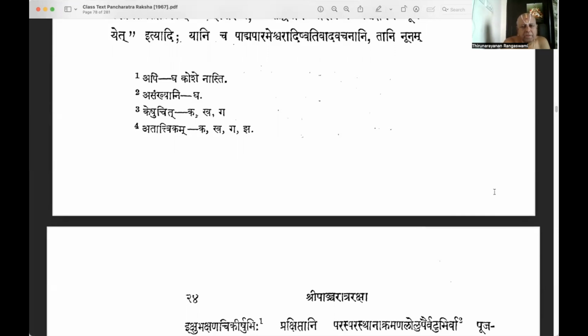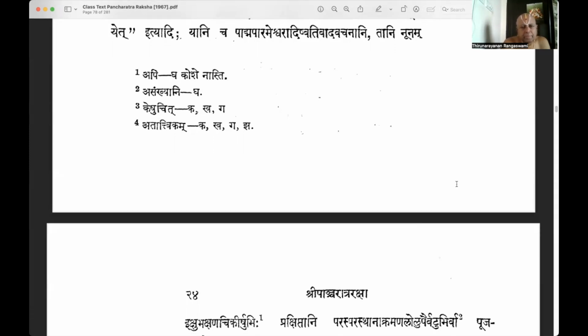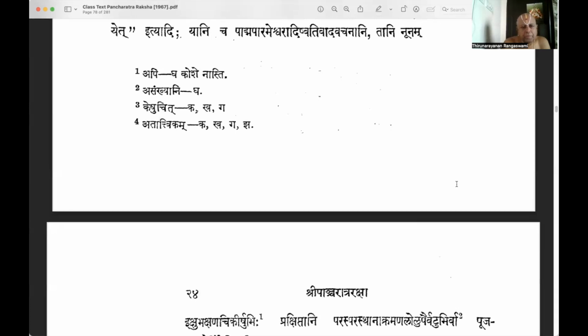Ativada Vachanani is exaggerated statements. I'm not actually giving the exact translation. Kesavadas Swami can help. Ativada is overshooting the argument. So Tani, those statements, Nunam, definitely.